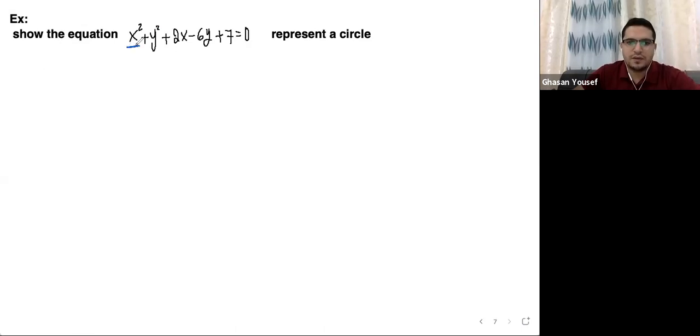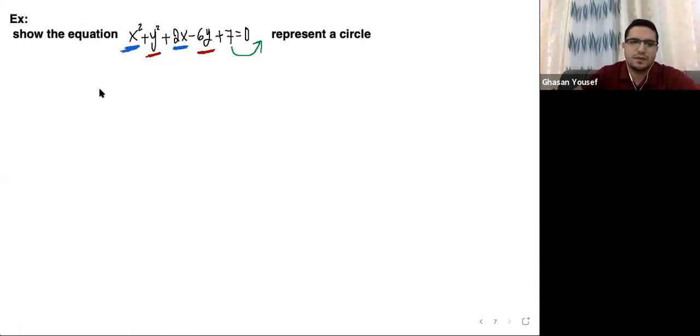So I have x squared, combine this one with this one. And we have the y, combine this one with this one. And all numbers, we move to the other side.